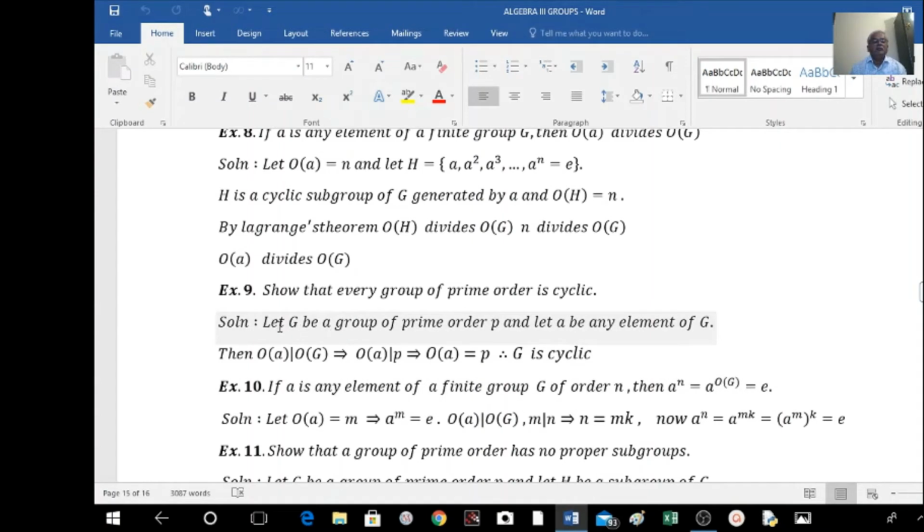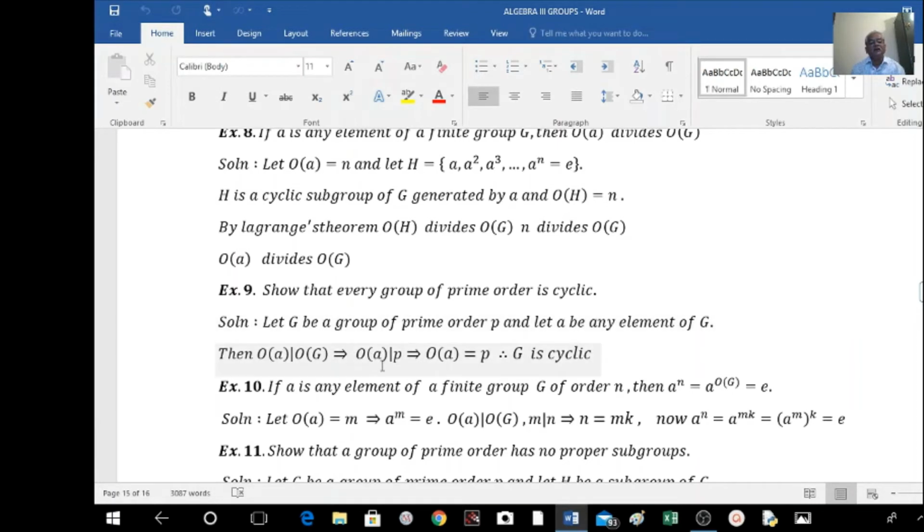Let G be a group of prime order, say P, and let A be any element of G. Then, by the previous example, we have the order of A divides the order of G. This implies the order of A divides P, since the order of G is nothing but P. As P is a prime, P is divisible by only 1 and P itself.